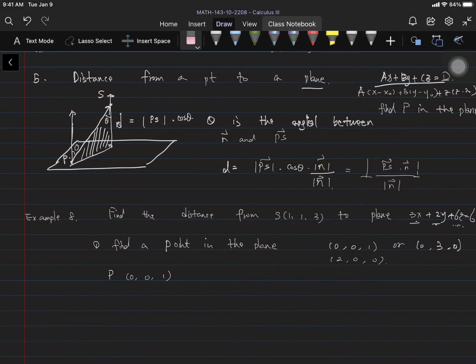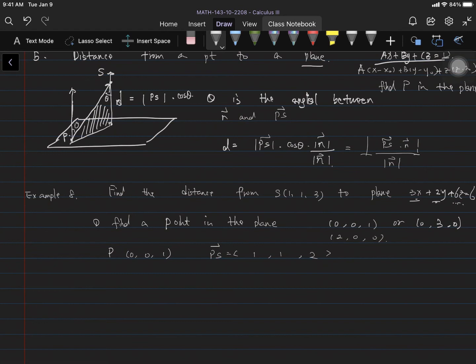Looking at the graph, what do I need here? I need the PS vector. The point S is given, minus point P, so it should be 1, 1, 2. Next, what do we need to do? The dot product, PS dot n vector.